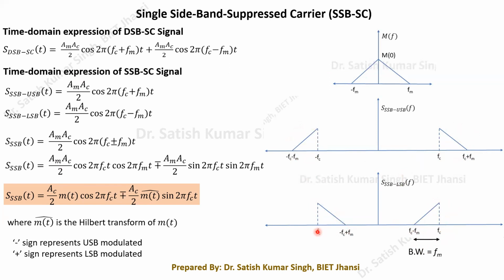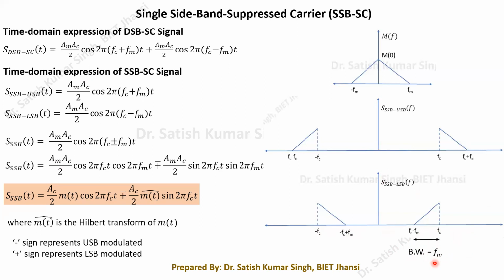So this will be our SSB modulated signal spectrum. Now from the spectrum itself, what we can see is that the bandwidth requirement of our modulated wave is equal to fc plus fm minus fc. So fc will be cancelled out, and the bandwidth requirement of the modulated signal is fm. It is the maximum signal frequency that becomes the bandwidth.